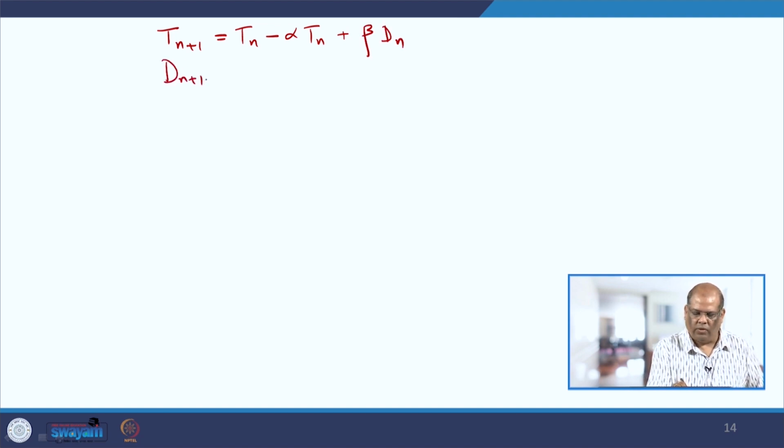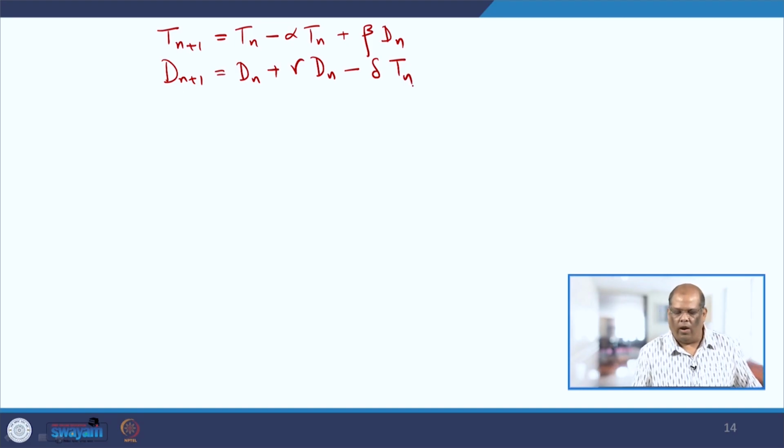We now modify this linear model into a nonlinear model. So our model is T_{n+1} equal to T_n minus alpha T_n plus beta times D_n T_n, and D_{n+1} equal to D_n plus gamma times D_n minus delta times D_n T_n.